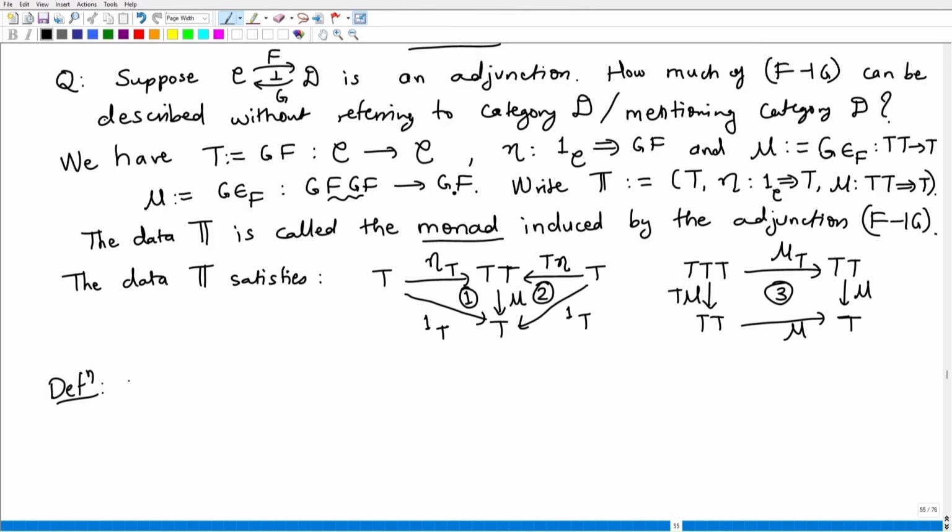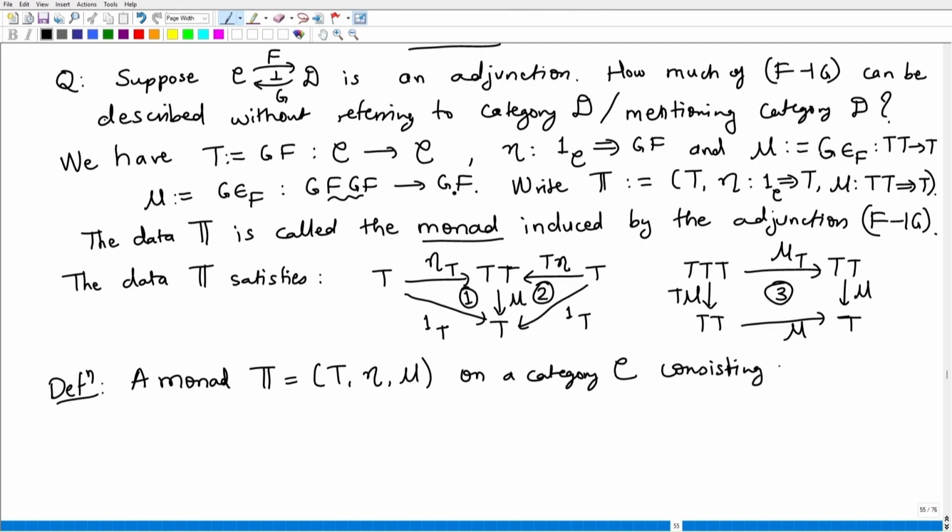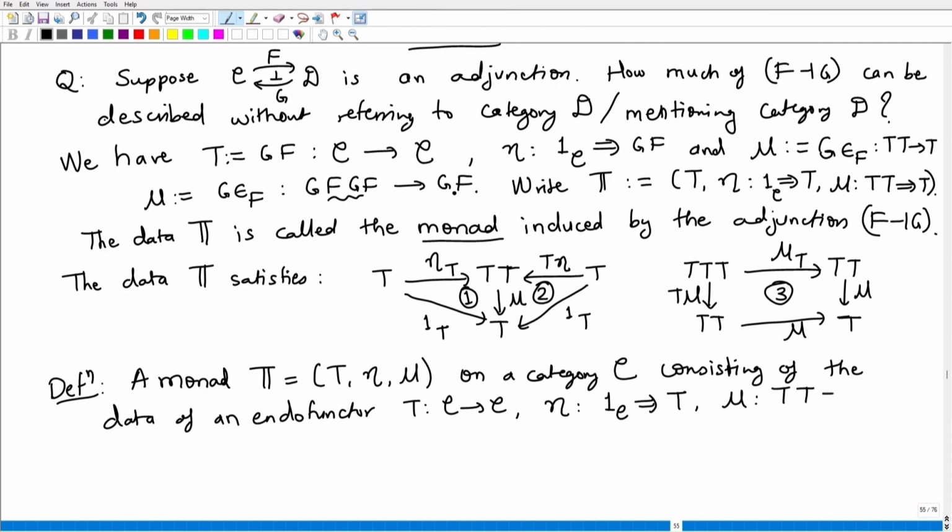So, a monad T equal to T, eta, mu on a category C consisting of the data of an endofunctor T from C to C, then some natural transformation eta from 1C to T, and mu from TT to T, a natural transformation.